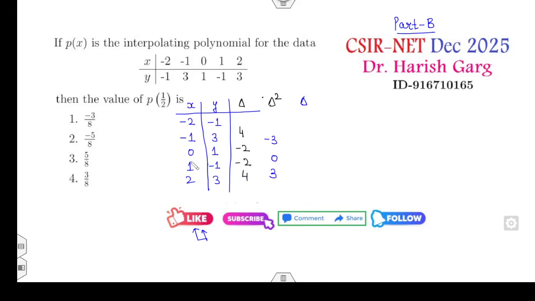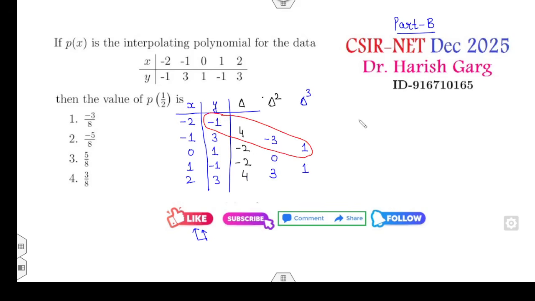Because they are equally spaced, I am dividing by 2. If they were not equally spaced, you would divide by 2 factorial, and so on. For the third divided difference, we divide by 3: 0 minus 3 divided by 3. Similarly, when we compute del 4 we get 0, the same again, so you can stop here.